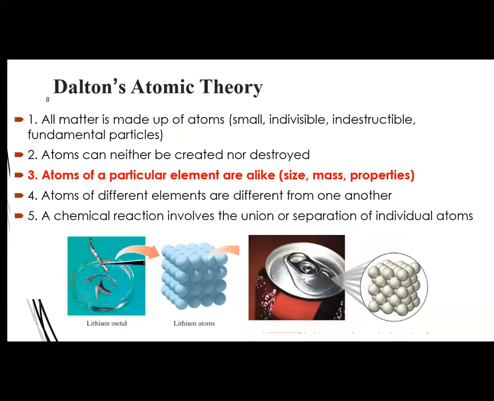The other part, which we probably would assume is pretty straightforward, but at that time, they had to lay it down as a foundation, was that atoms of a particular element are alike. So that means that they have the same size, the same mass, and the same properties. And it didn't matter where we got them from. So lithium that's here, or lithium that's in China, or lithium that's in Australia, they all have those same properties for their atoms.